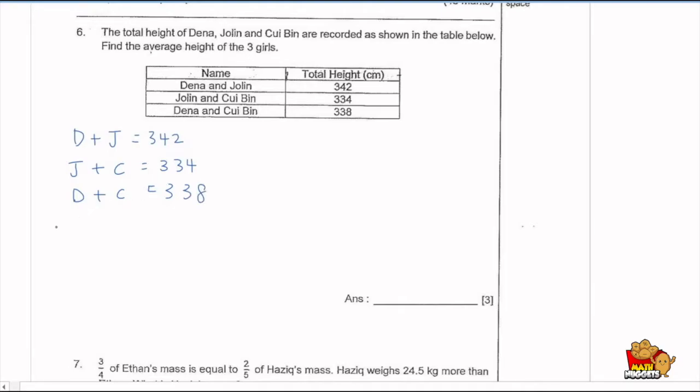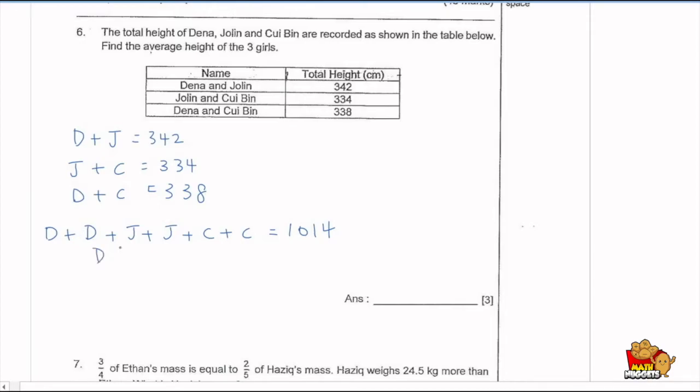Now if I actually add all of them together, I will have D and D, J and J, C and C. 342 plus 334 plus 338. I'll have 1014 cm. Do you notice that this is 2 sets of D, J, and C?